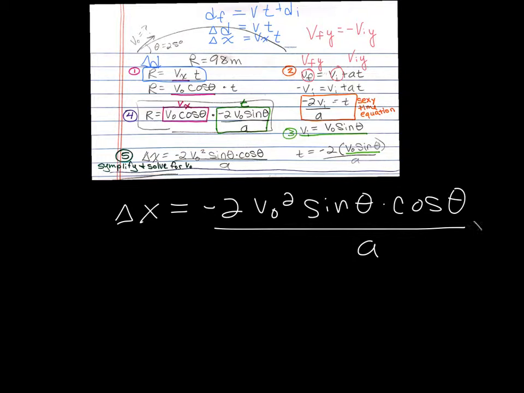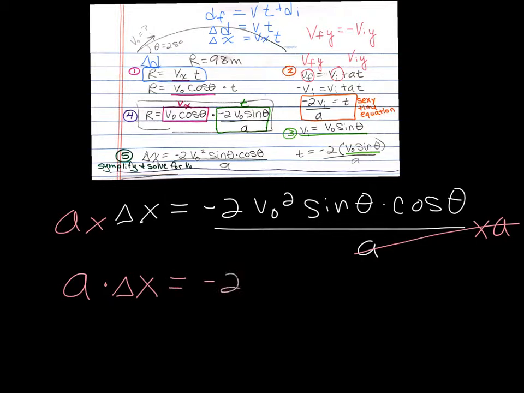So I will multiply both sides times acceleration. Okay, so now I'm going to get acceleration times change in x is equal to negative 2 V naught squared times sine theta times cosine theta.